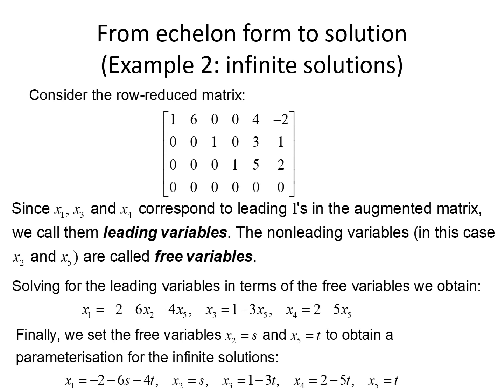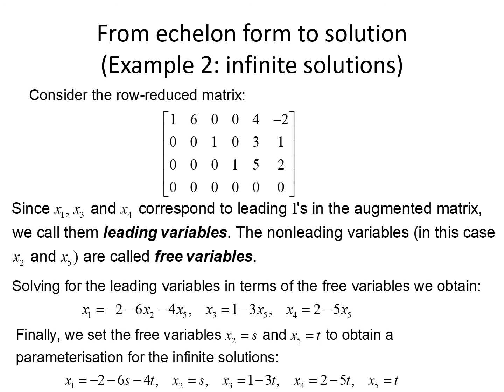Consider this example of a reduced row matrix. It is satisfying these four conditions, so we may say it is an example of reduced row echelon form, since x1, x2, x3 and x4 correspond to leading ones in the augmented matrix. We call them leading variables.